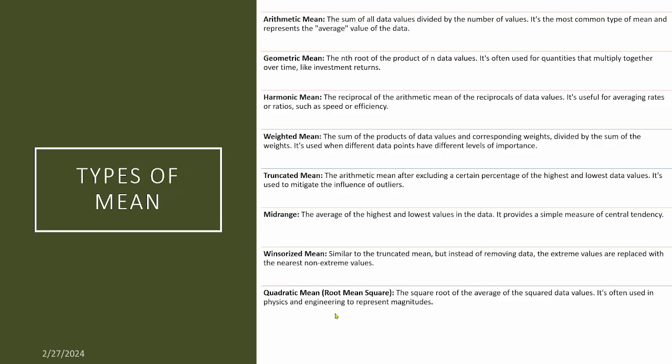The next two means are not very typically used. They are mostly for the physics and engineering fields, like quadratic and cubic mean. I just wanted to give you a display of what sort of means we have.